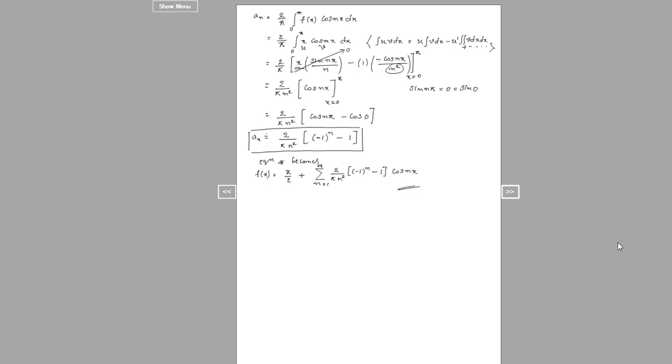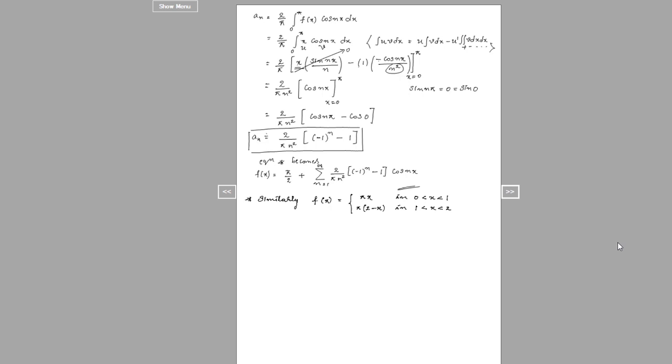The same problem can be given similarly as f of x equal to pi x in the interval 0 less than x less than 1, and pi times 2 minus x in 1 less than x less than 2.